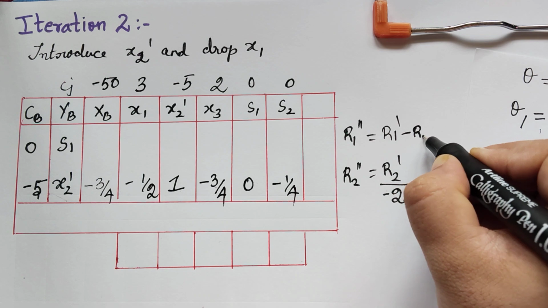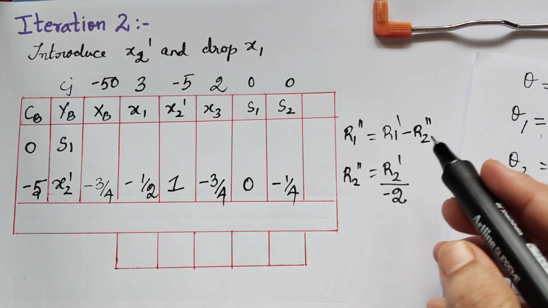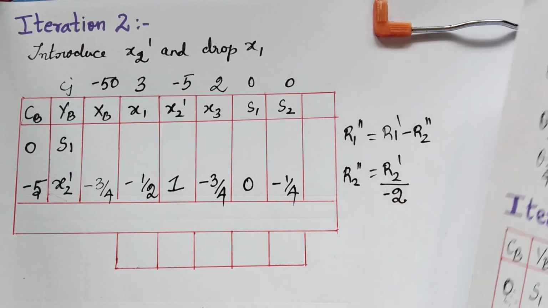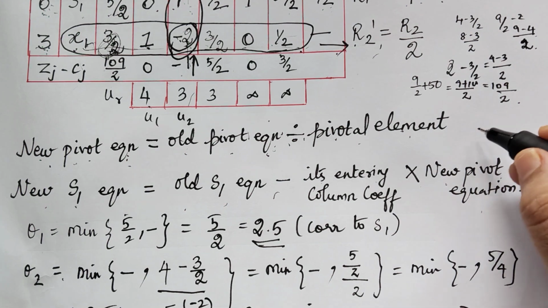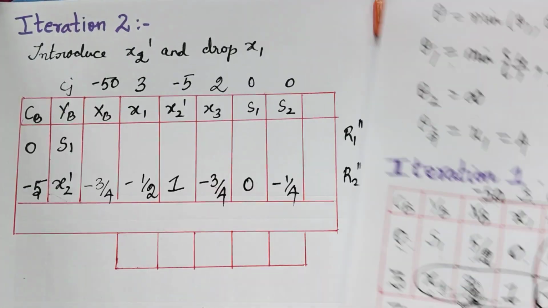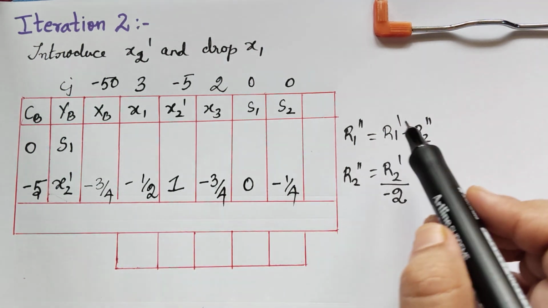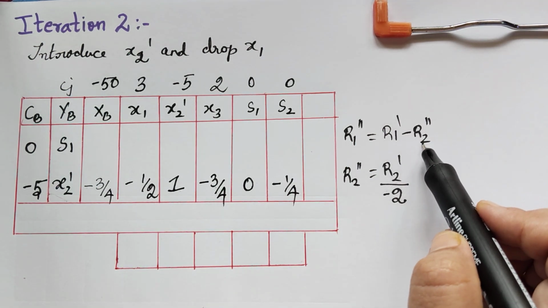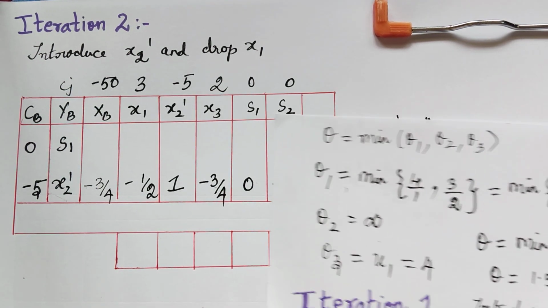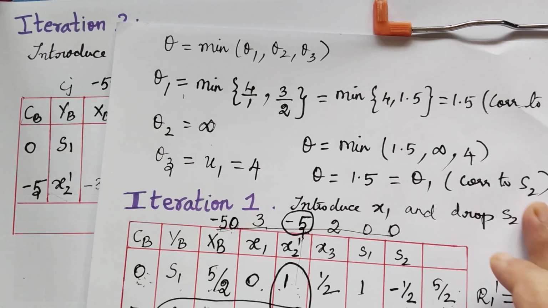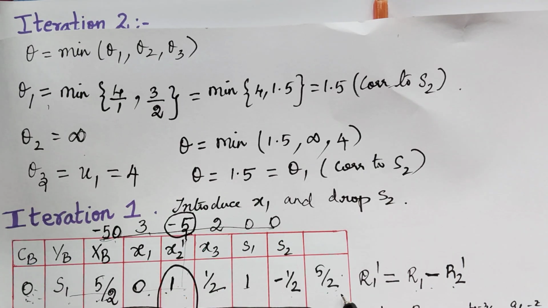So minus r2 double dash. Go through these steps patiently, you will definitely understand it, and try to understand with these two formulas that I have given you. So now here we have to find r1 double dash, which is r1 dash minus r2 double dash. Now here we have r1 dash.